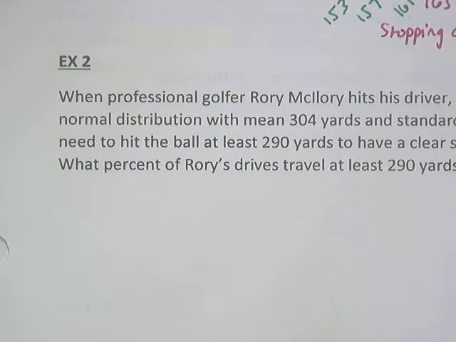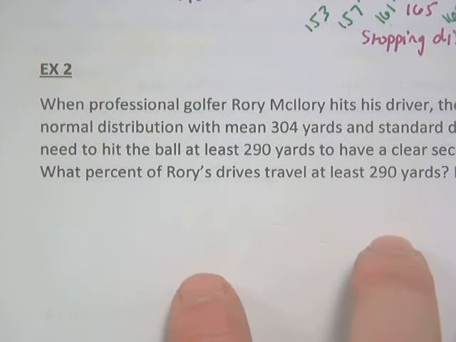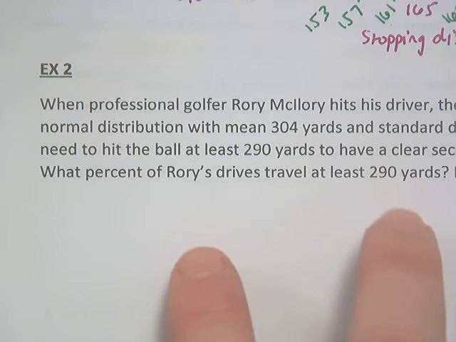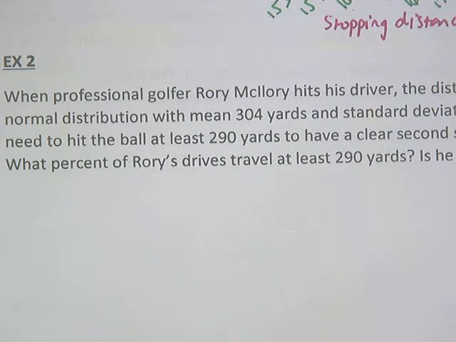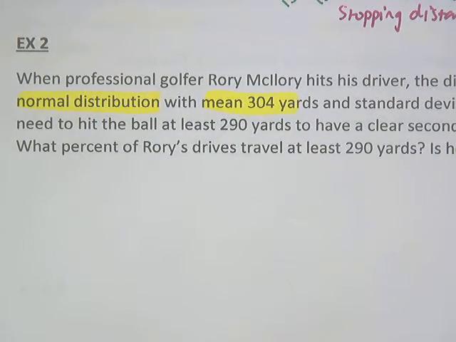When professional golfer Rory McIlroy. Okay, see, apparently this is one of those things I should know, but I don't follow sports ball. Okay. He hits his driver. The distance the ball travels can be modeled by, there's our picture, a normal distribution with a mean of 304 yards. So it didn't say mu. You had to actually kind of pick that out.